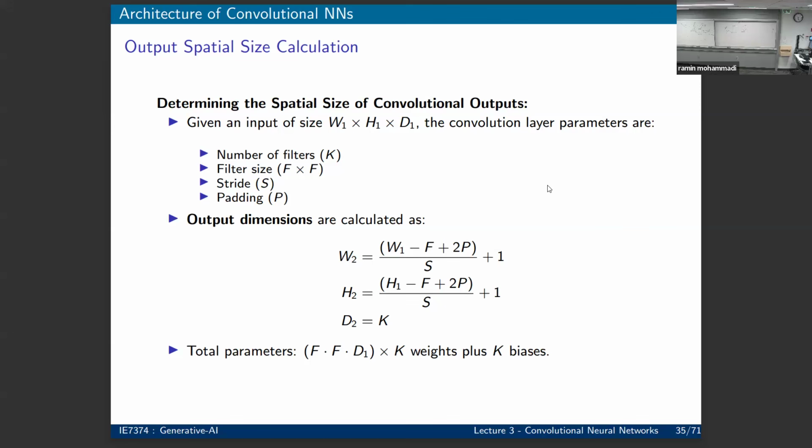Why 3 kernels? Because the image was RGB. So because your image has D dimension, every kernel you apply should have D dimension. So F times F times D is the number of parameters in one kernel. And if you have K kernels, that's the total number of learnable parameters, plus the bias if you are using a bias term. Does that make sense? Yes.